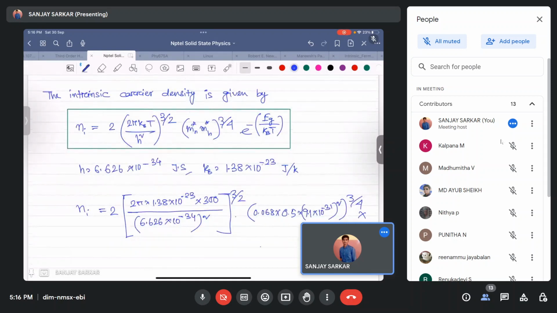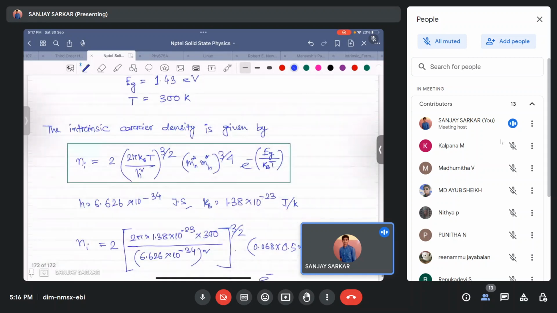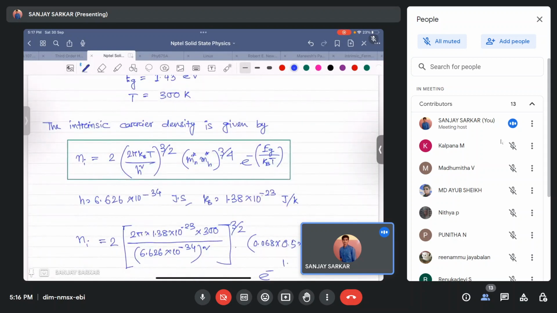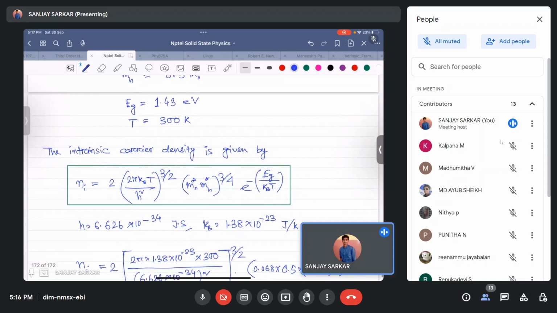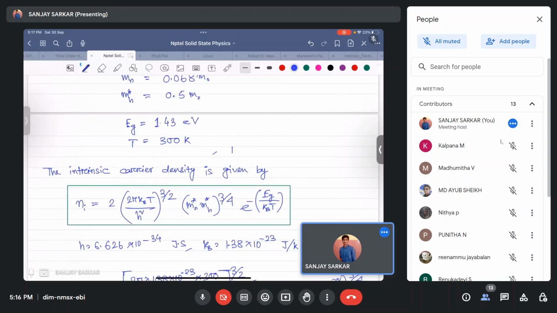Into exponential minus Eg. So Eg is given as 1.43 electron volt, and you may remember that k_B T is equal to 0.026 electron volt if T equal to 300 Kelvin, because this information is needed almost in every question.